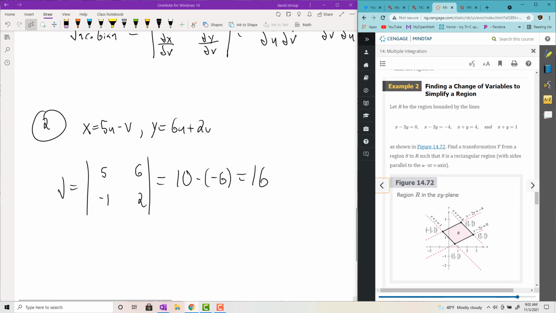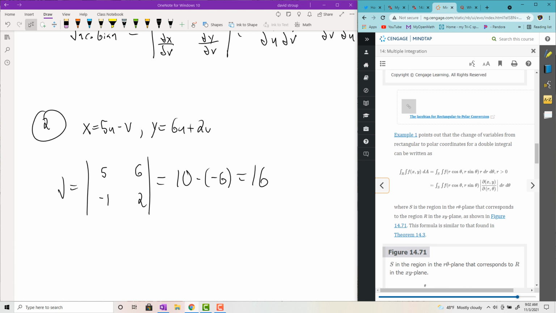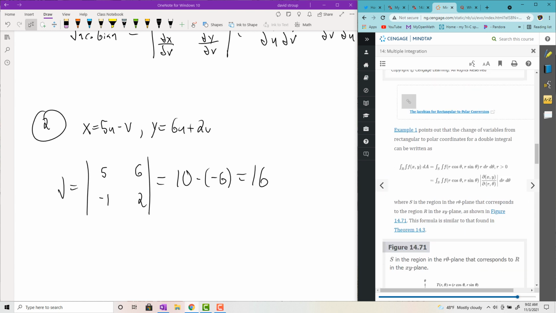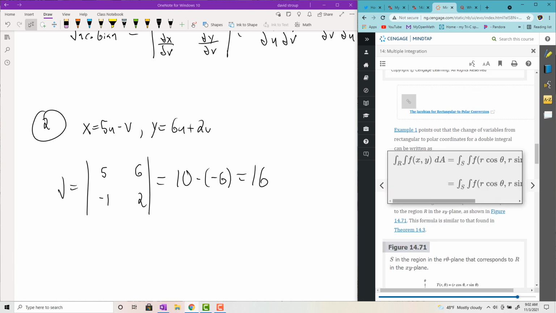A word to the wise. In the book, when you're reading it, it looks like the Jacobian has an absolute value around it, like here. And that's true, because when finding the Jacobian you need the magnitude of it, and the magnitude is going to be positive, right?